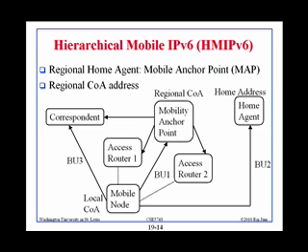So this is mobile, and this is the regional care of address. So this is a regional mobility anchor point, and so it sends a binding update to the regional anchor point.